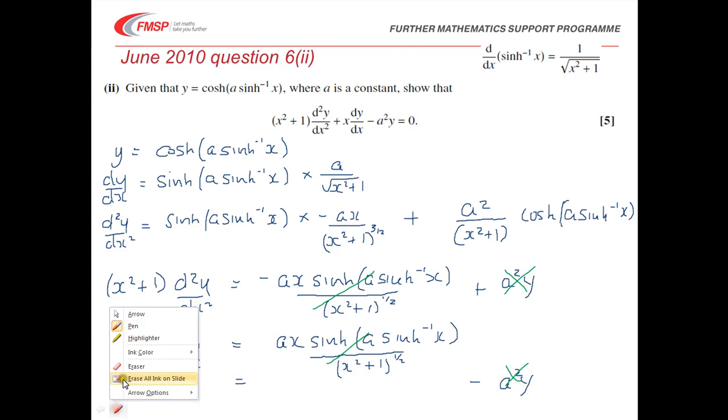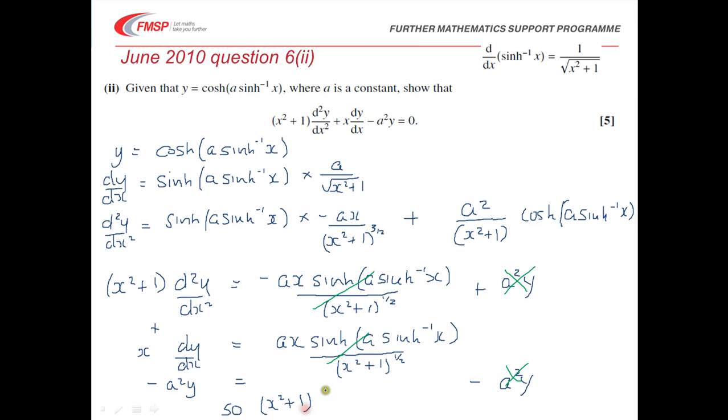And so what we have shown is that x squared plus 1 d2y by dx squared plus x lots of dy by dx minus a squared y is equal to 0.